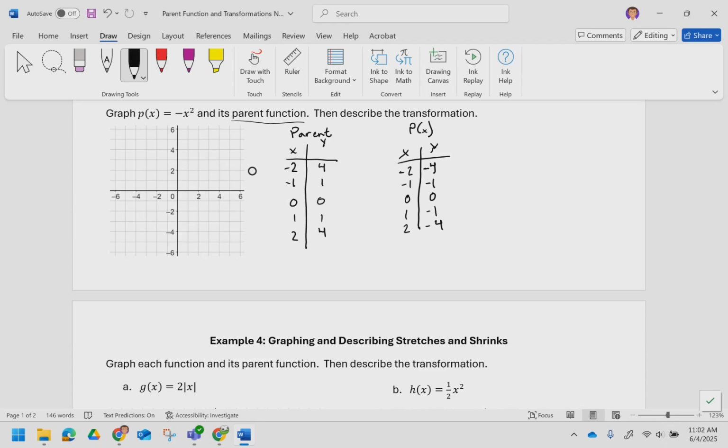All right, so let's graph the parent. It's going to look a bit like that. P of x, we'll do that in red.